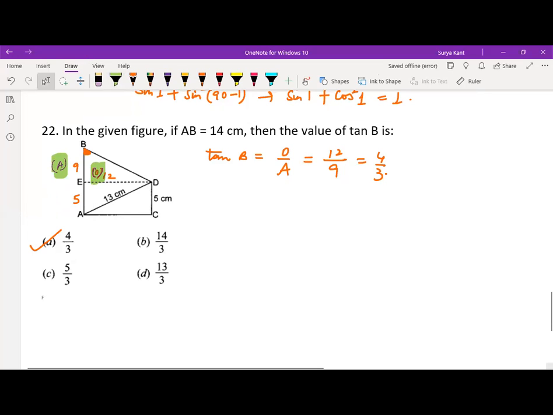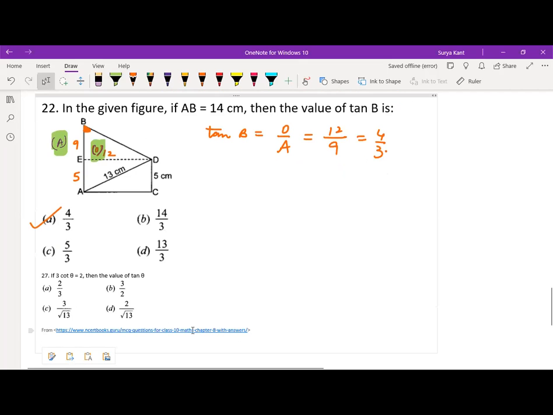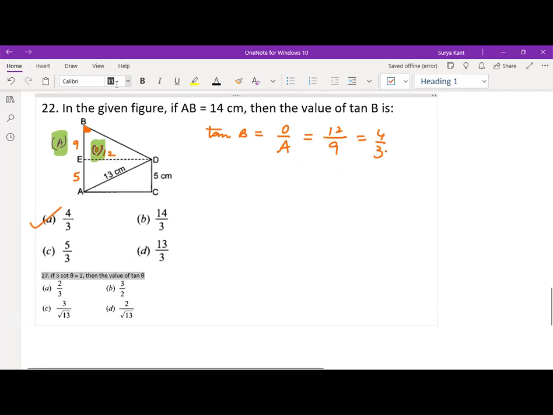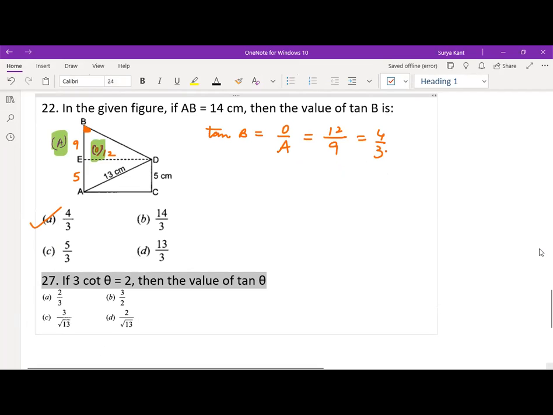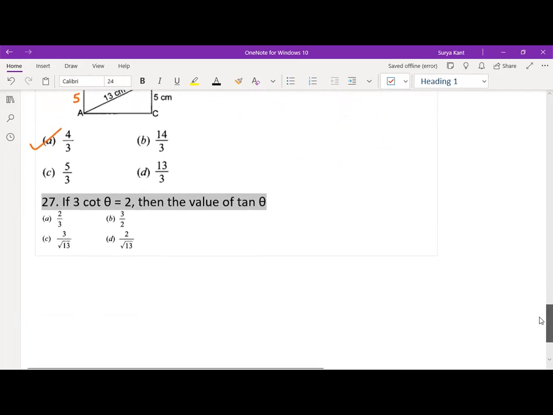Next question is, see, the question is, 3 cot theta is equal to 2.